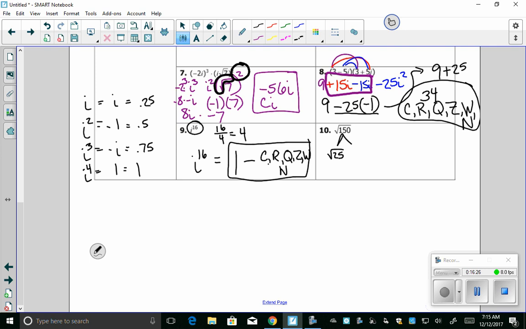So the square root of 25, what times 25 will give me 150? Well, if you use the calculator and you do 150 divided by 25, you're going to get 6. So over here should be the square root of 6. So the square root of 25 is 5. And the square root of 6 doesn't simplify, so it stays the square root of 6.